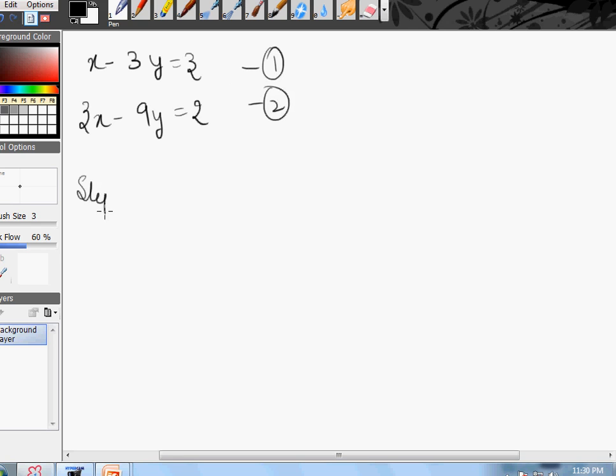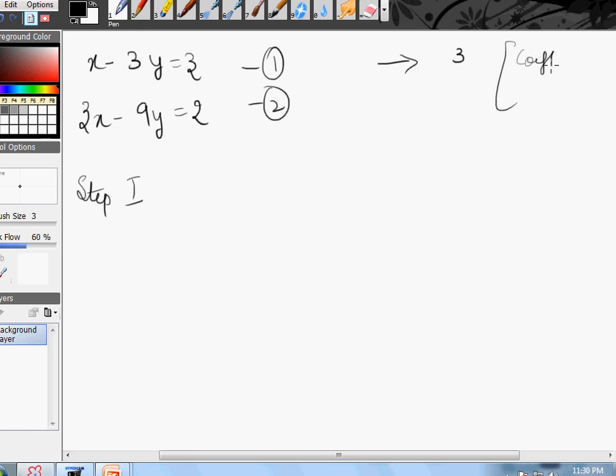According to step 1, all we have to do is make the coefficient of at least one variable equal. From the first equation, if we multiply it by 3, then the equation will become 3x minus something equal to something, and the second equation already has 3x.